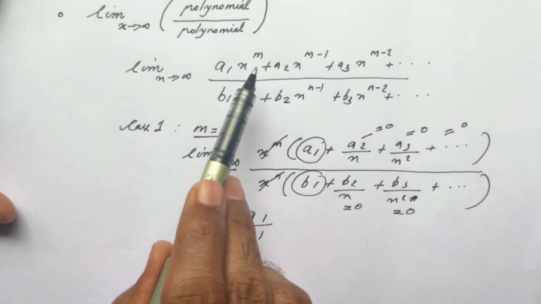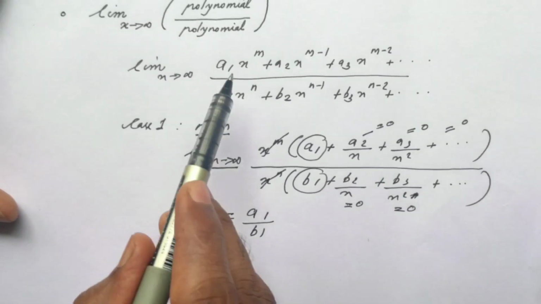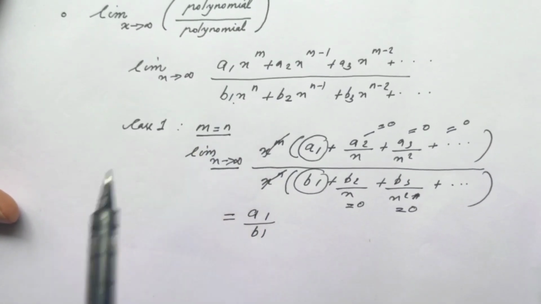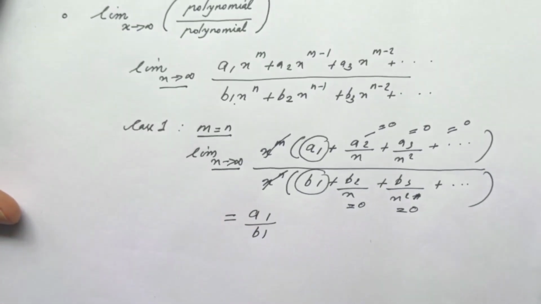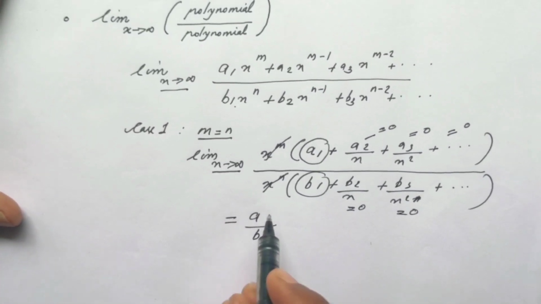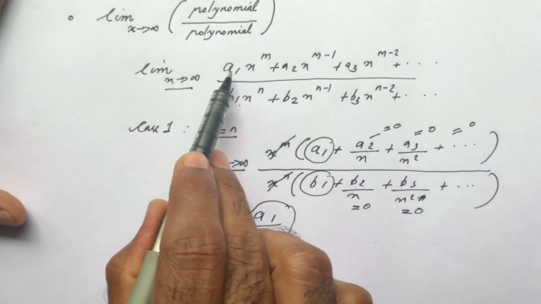That is, for a polynomial p of x divided by q of x, if the orders of the numerator and the denominator polynomials are equal, then the limit value when x tends to infinity is the ratio of the coefficients of the highest order terms, that is a1 divided by b1.